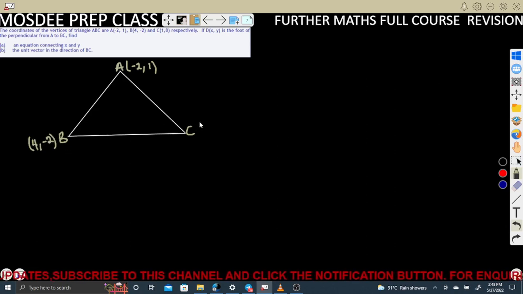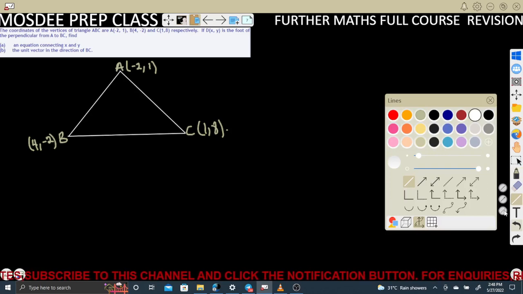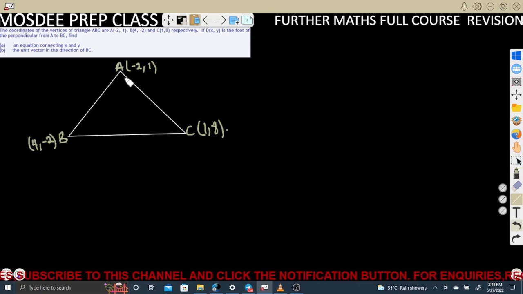Whereas C has coordinate of 1, 8. I think it is kind of simple. So from what you've learned from your mathematics knowledge under geometry, you were told that the area of a triangle depends on 2 things, the base and height.